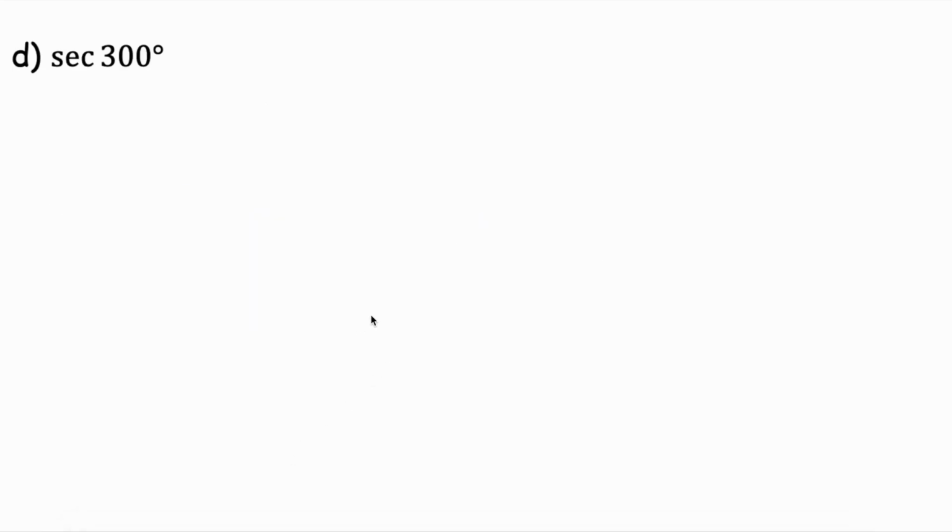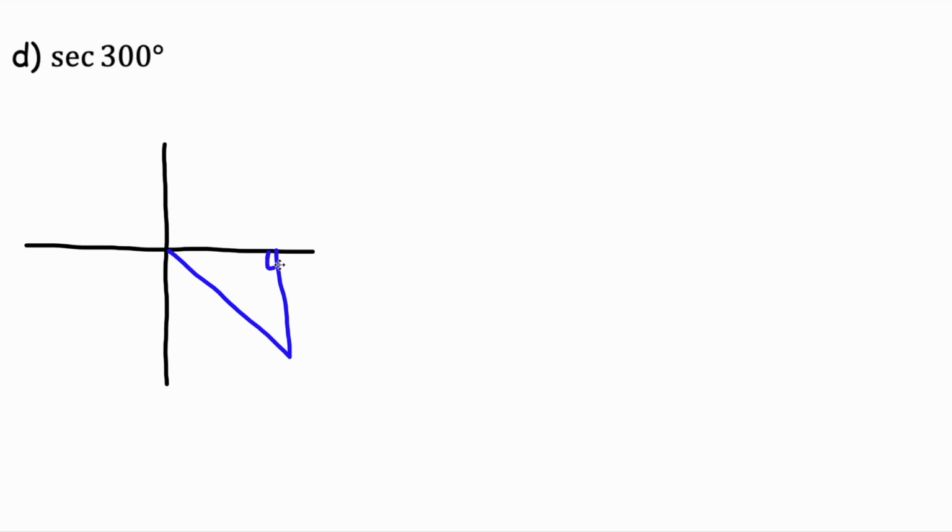All right, next problem here. Secant of 300. So 300 degrees. Again, we're down here. Okay, so we go over here is 90, 180, 270, 300 to get all the way around to there. But again, the important part is this angle measured off the x-axis, which in this case is 60. 300 plus 60 gives me 360.